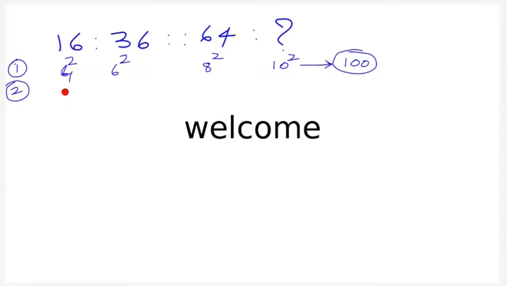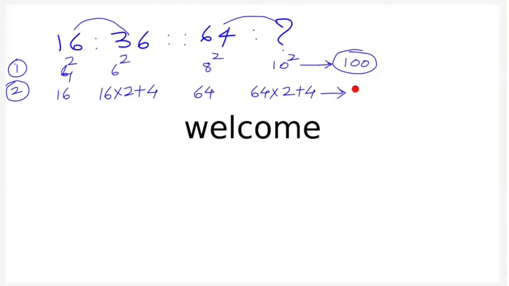We can say this is 16, and this number 36 means 16 into 2 plus 4 is 36. Whatever the relation between these two numbers, we are going to establish the same relation here. 64 into 2 plus 4.